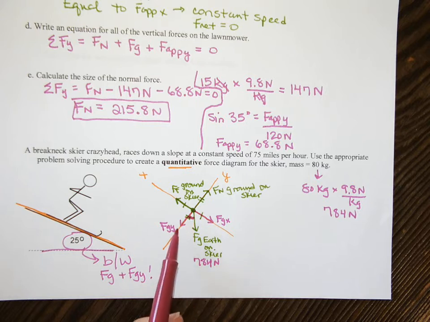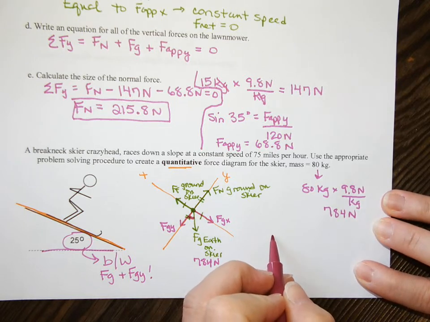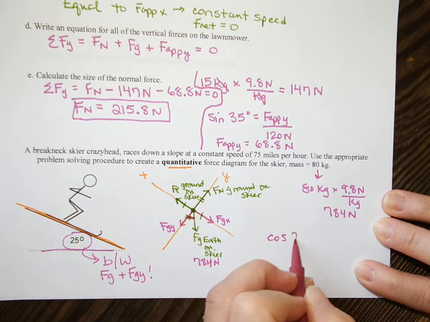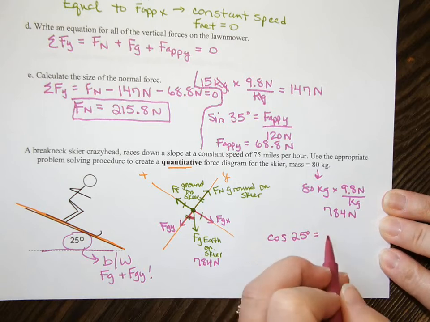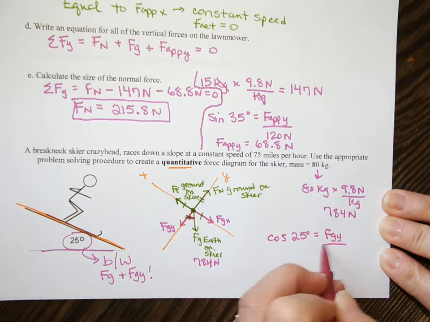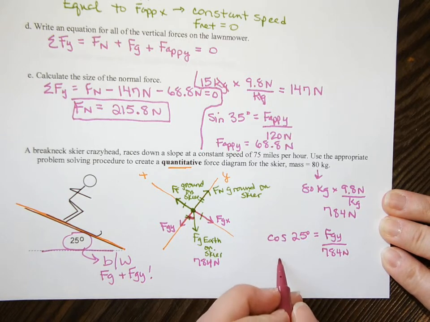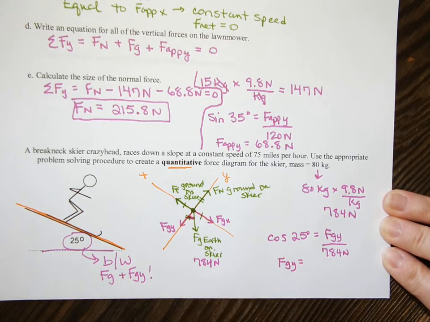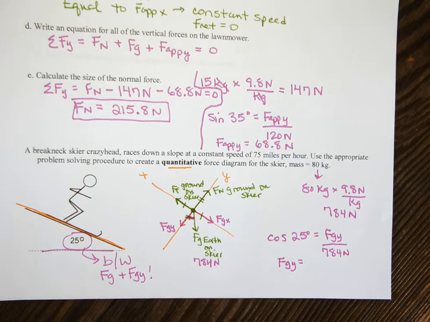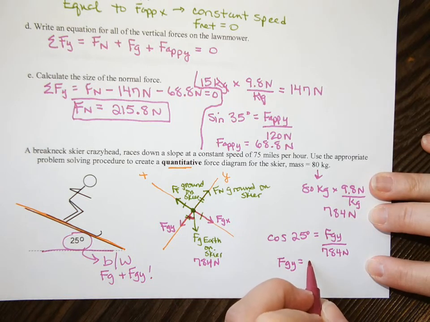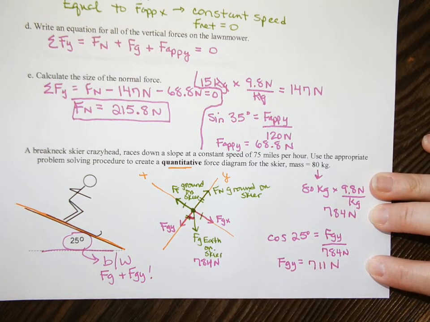If you look at FGY, it's adjacent or next to the 25-degree angle. So I'm going to do a cosine function. The cosine of 25 degrees is equal to the adjacent over the hypotenuse, which is the 784 newtons. So FGY, if you cross multiply, 784 times the cosine of 25 gives me a value of 711 newtons.